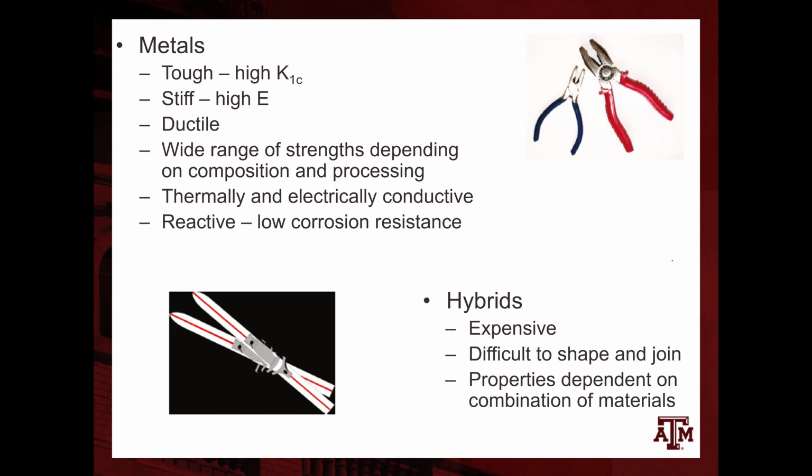However, usually with the exception of refractory metals and their alloys, their melting point is not as high as ceramics. Then we can think of the composites or hybrids, which could have properties or could be optimized to have properties of two or more classes of materials to try to get the best of many worlds.